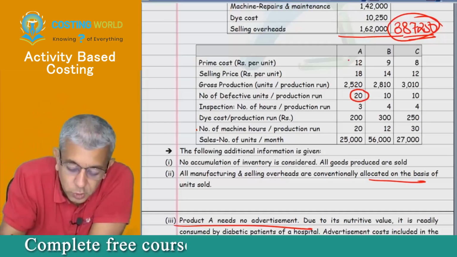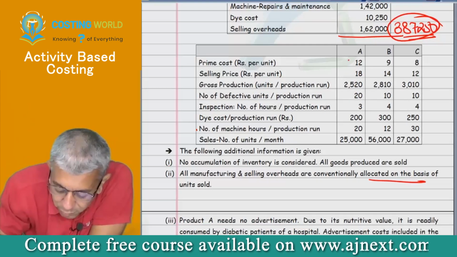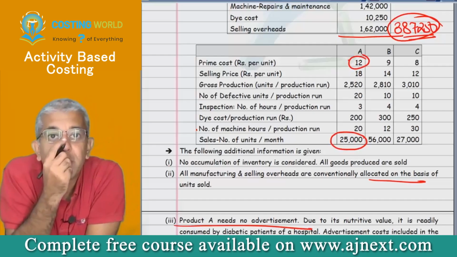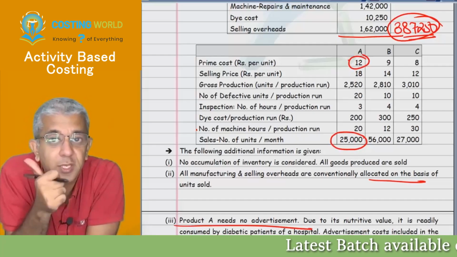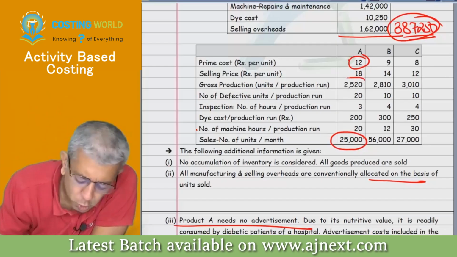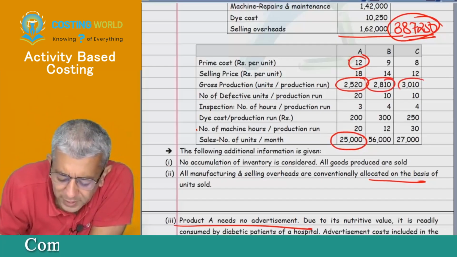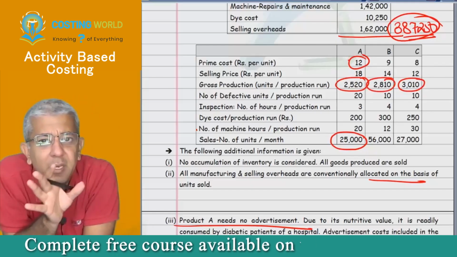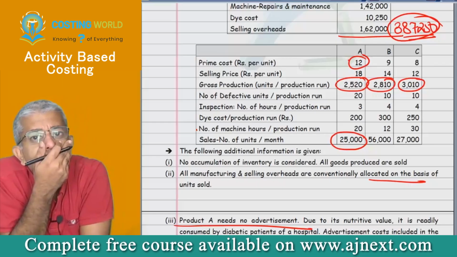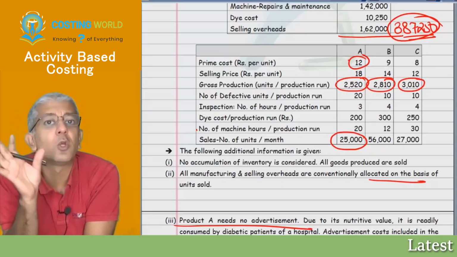So in this case, you don't multiply number of units sold with prime cost. You'll have to multiply by your gross production. Is that all okay? Yes, sir. But beta, somebody can say, sir, gross production is given only. No, but beta, this is not your gross production for the period. Can you say this is gross production per run, no? You've got to find out total gross production.